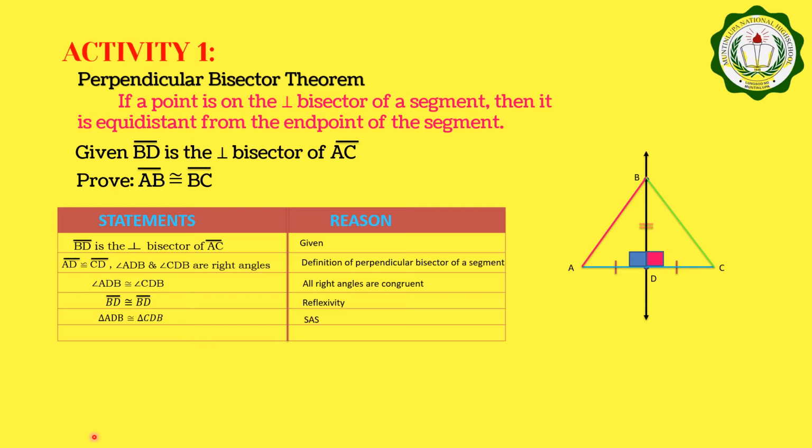Okay, by SAS congruence postulate. In this case, we can now say that segment AB is congruent to segment BC because corresponding parts of congruent triangles are congruent. So that would be our reason, or the CPCTC. Okay?